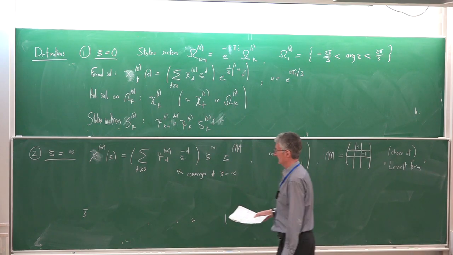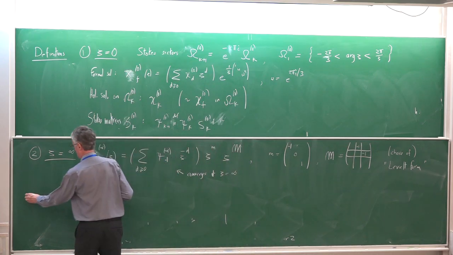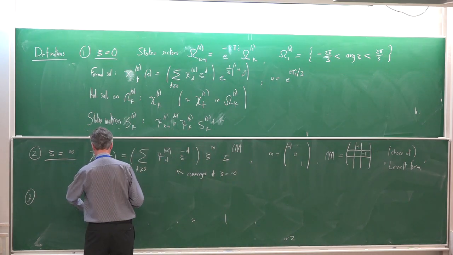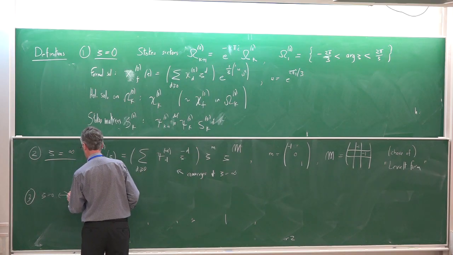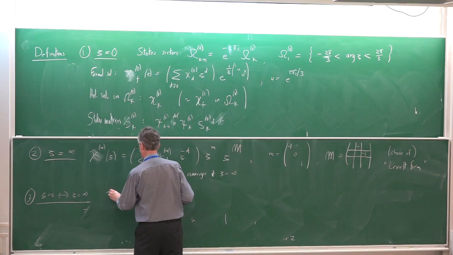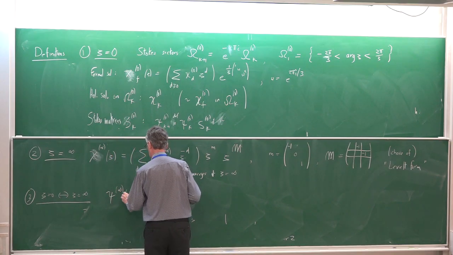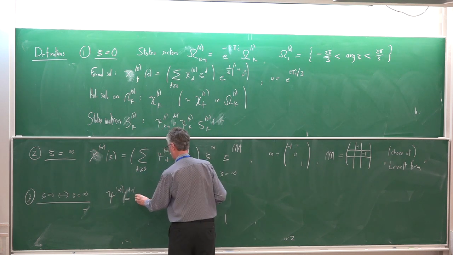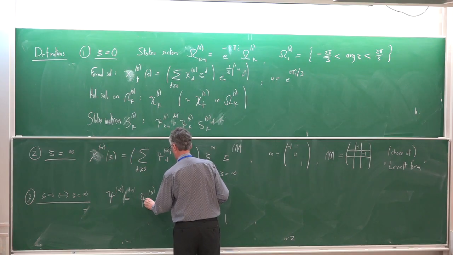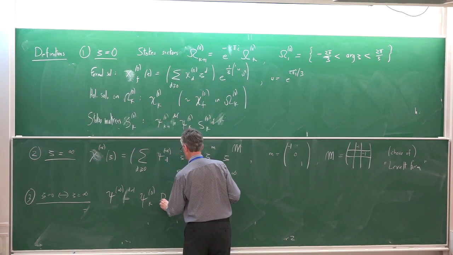Okay, and then finally we have what happens in between. These are the connection matrices. So zeta equals 0 is related to zeta equals infinity by a matrix which is defined in a similar way to the Stokes matrices. You define d k.